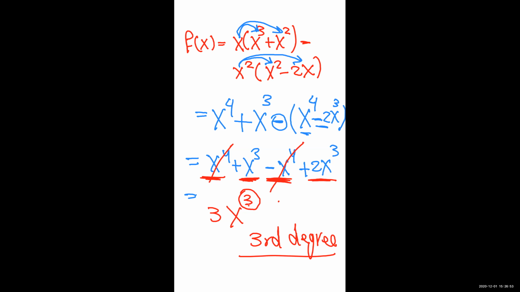Yeah, it's clear. So we have to agree that we have to simplify the function to get the degree, okay? Yeah. Okay. The next question: which of the functions are polynomials or not, and determine its degree.